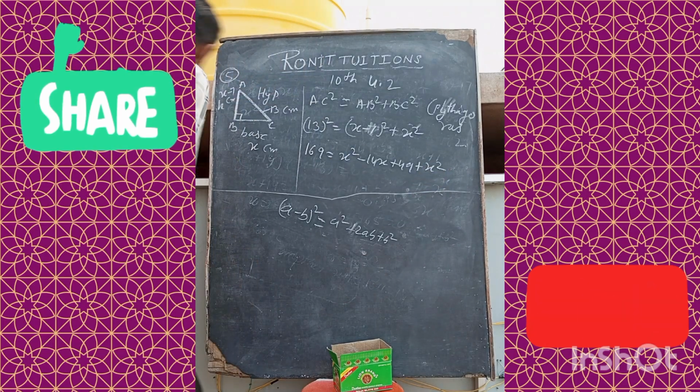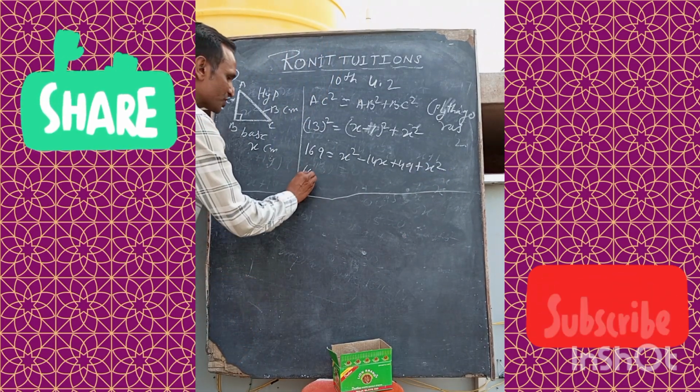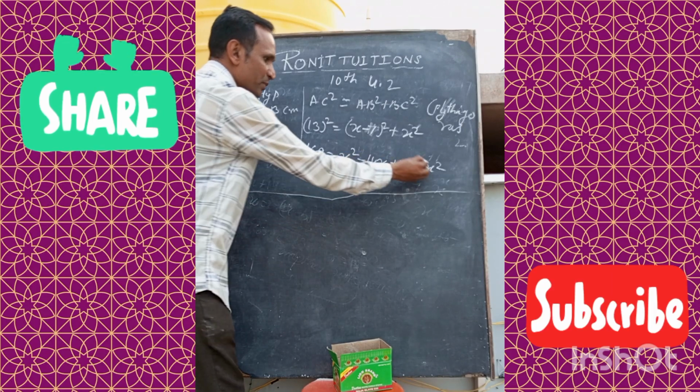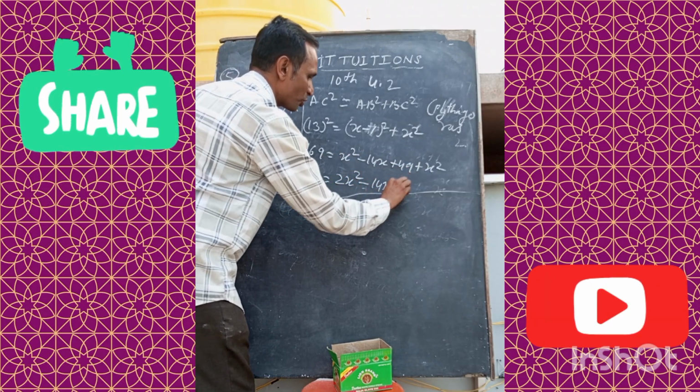Now we can solve it. 169 is equal to x square plus x square, that is 2x square, minus 14x plus 49.